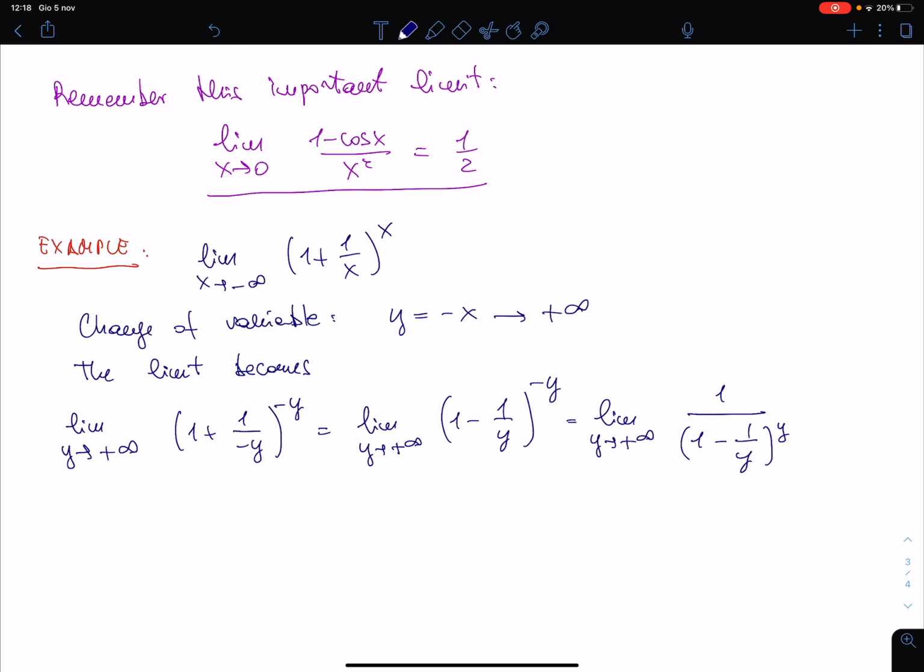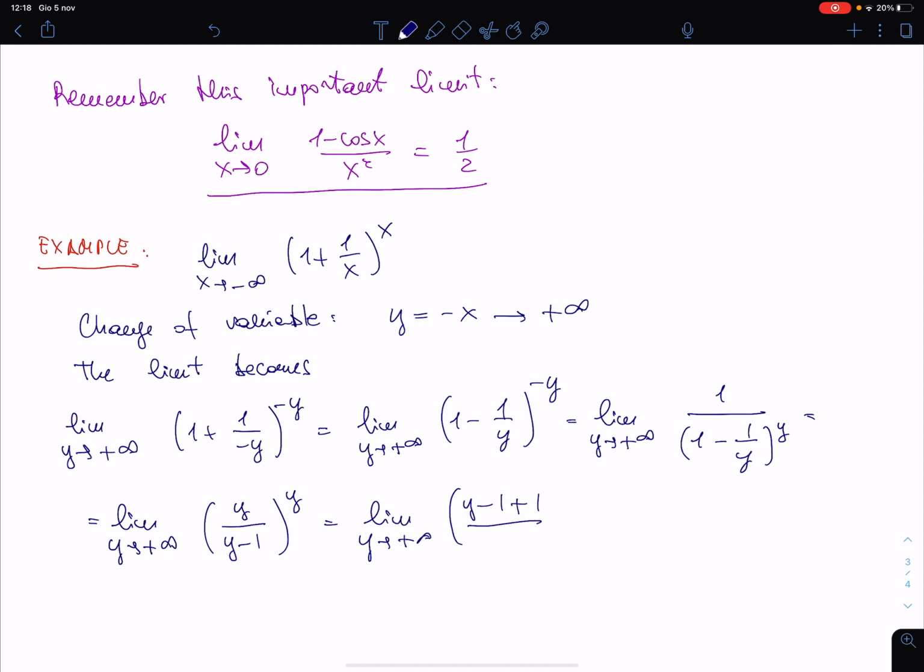And here we write it as the limit for y going to plus infinity of y divided by y minus 1, to the y. Let me write it as the limit y going to plus infinity of y minus 1 plus 1 divided by y minus 1, to the power y.